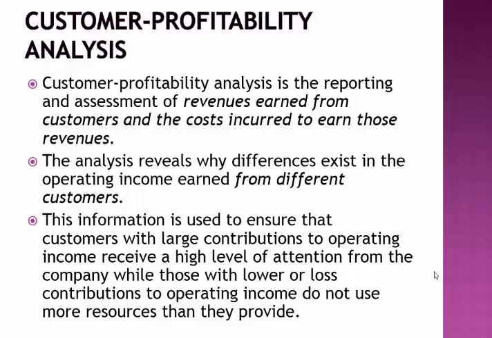So we need to take very good care of those very good customers because they are the ones taking care of our bottom line, compared to those with lower or lost contributions to operating income who use up a lot of our resources, and we do not get a return for those resources that they're using up. And we're going to see that in a very good example here in chapter 14.